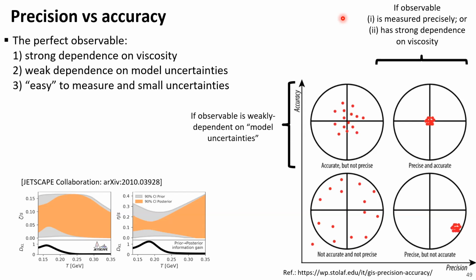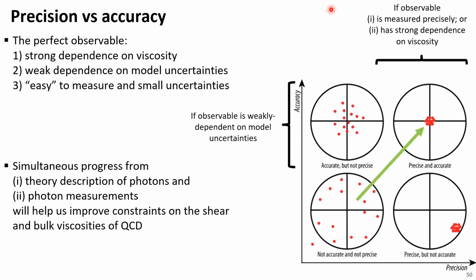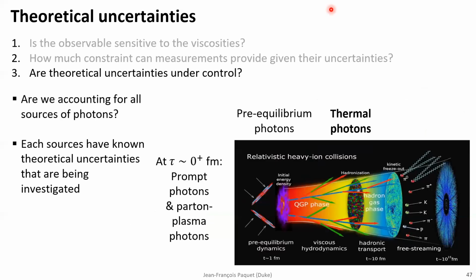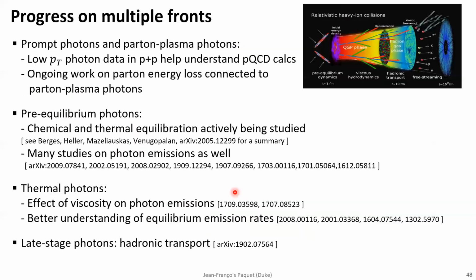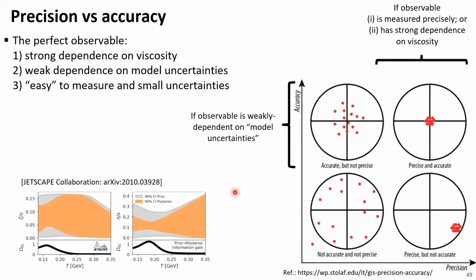The problem, again, for photons is that you have both large theoretical uncertainty and large experimental uncertainty. So they're not the first thing. I think they're excellent at better understanding our model, and they're really helping us push our understanding of heavy ion collisions. But in terms of calibration, it's harder.